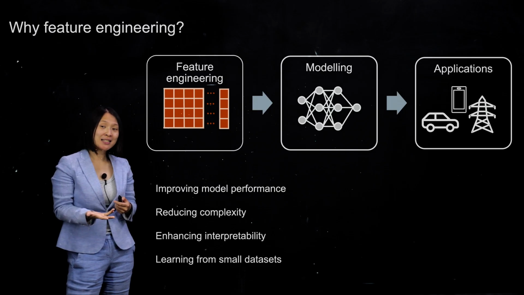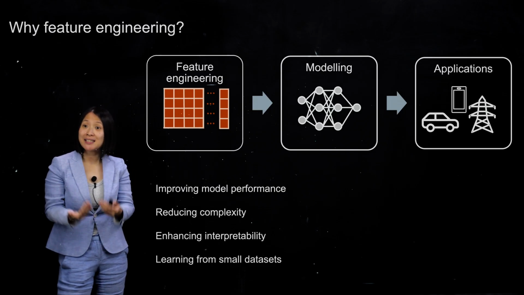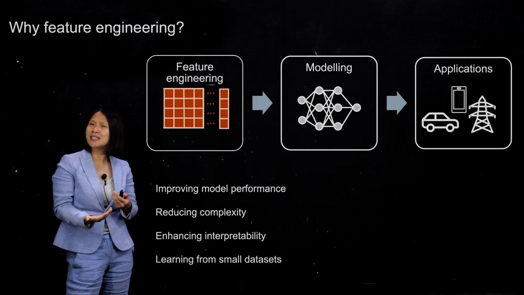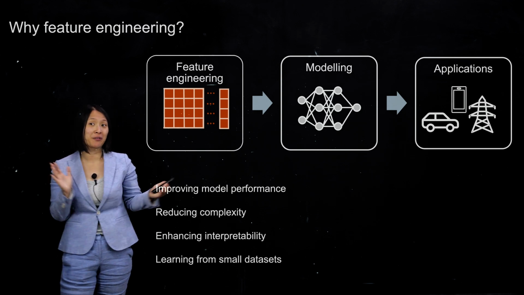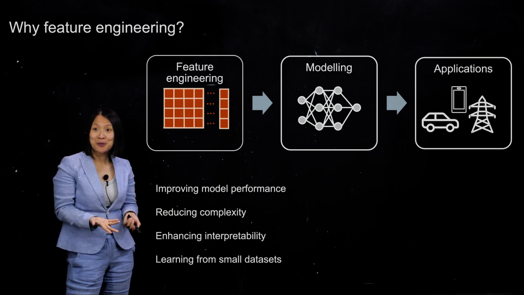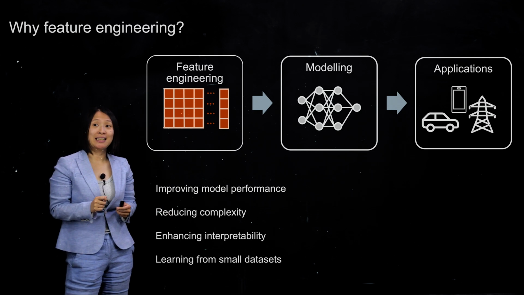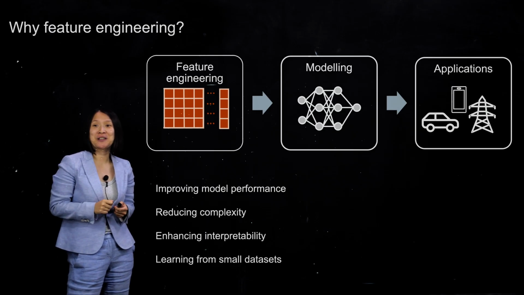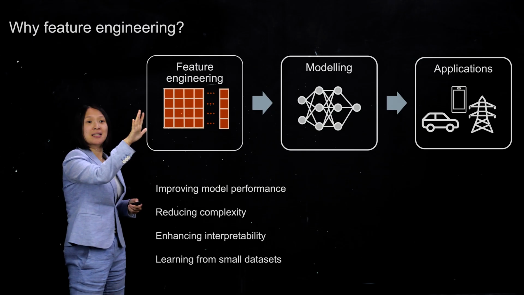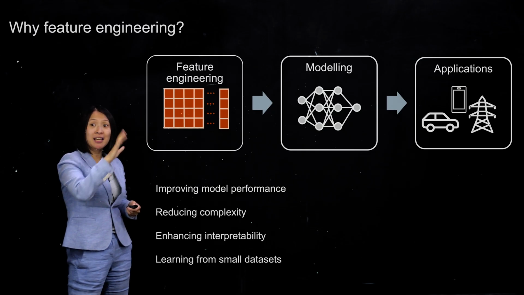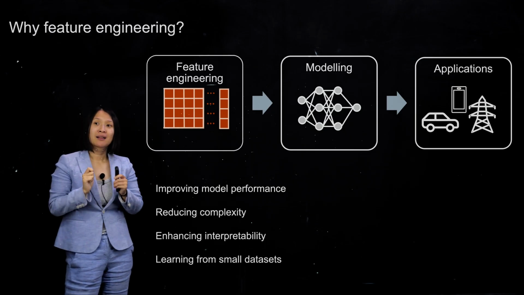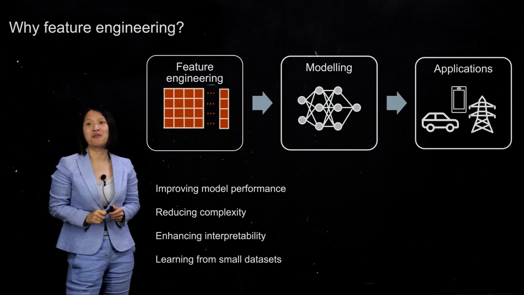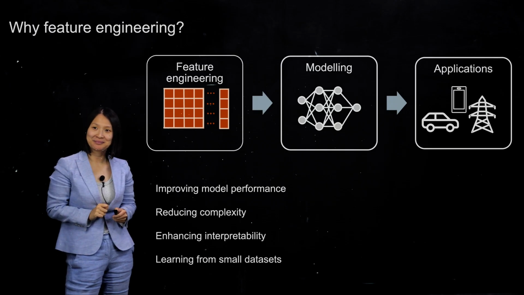We can also start to build physics-based features, which enhance the interpretability of our data-driven method. Also, data efficient machine learning indicates why we use feature engineering, because by selecting the features instead of taking the raw data set, this method is very powerful when we have a small data set.